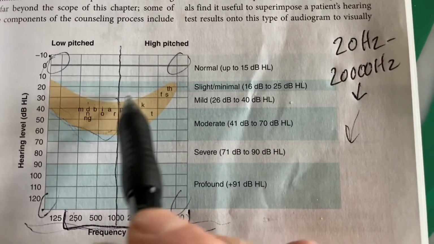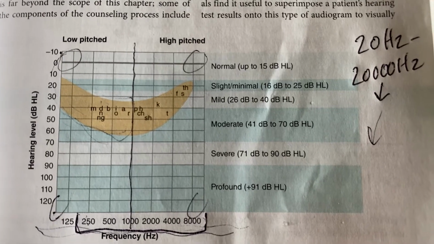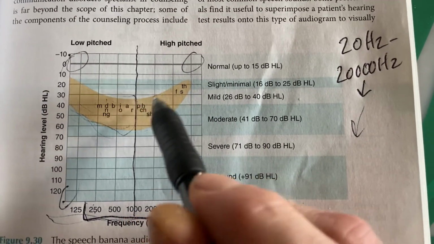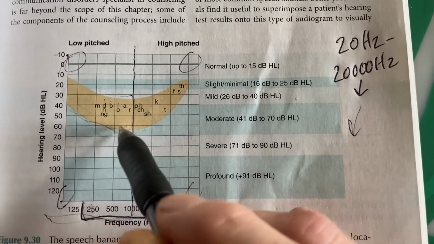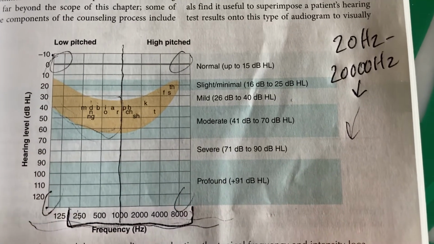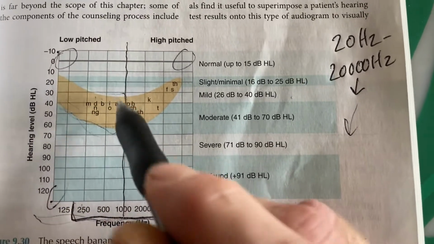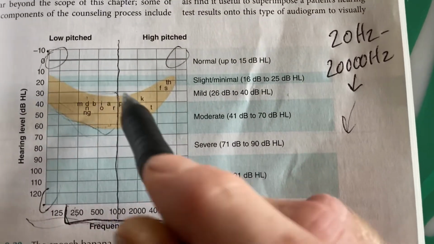Sounds to the right of 1,000 hertz are, for the most part, unvoiced sounds. Sounds that basically give speech its clarity. To the left of 1,000 hertz are phonemes that give speech its audibility. Voicing gives speech its loudness, its volume.